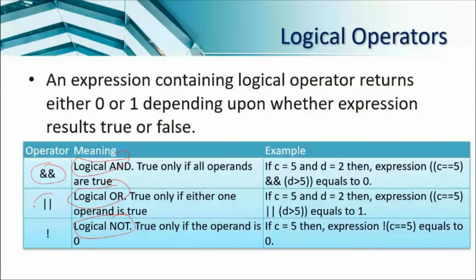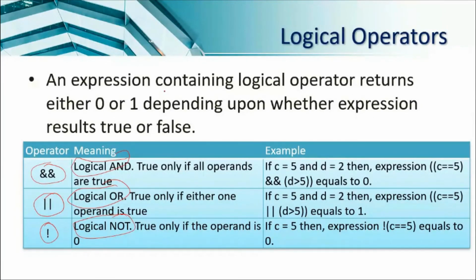Logical OR is written with 2 pipe signs. The pipe is just below the backspace key on your keyboard, a vertical line character. So 2 pipe characters are used. Then an exclamation mark is used for the logical NOT.